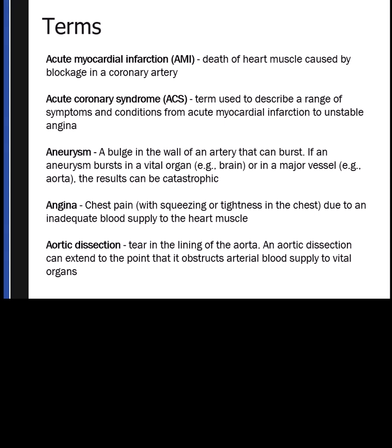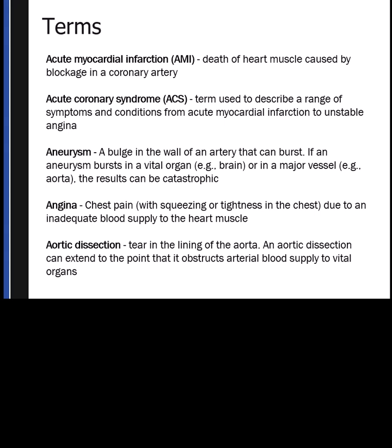Okay? That leaves us with the middle of the artery that is known as the tunica media. Again, Latin for middle. The tunica media is the muscular part of the artery. This is the part that will constrict and dilate.